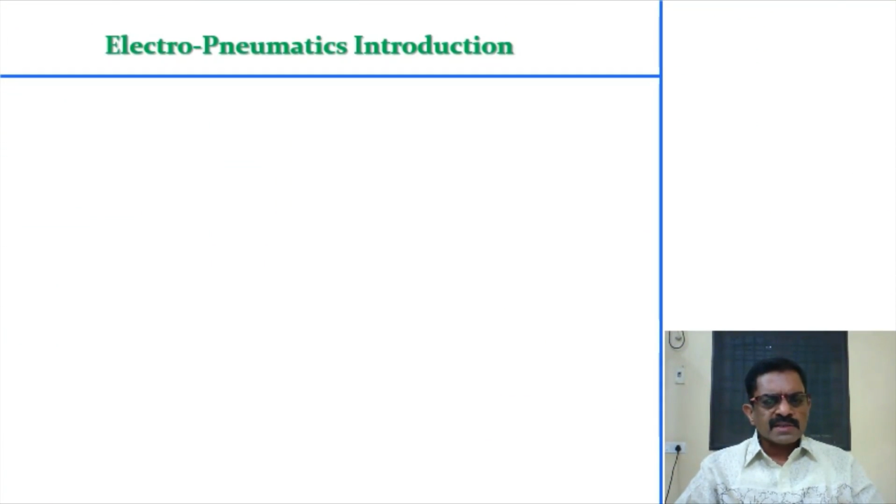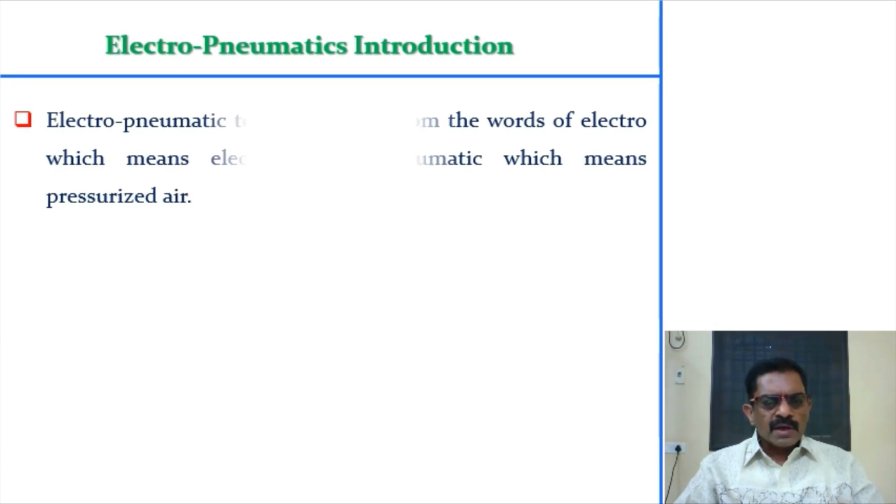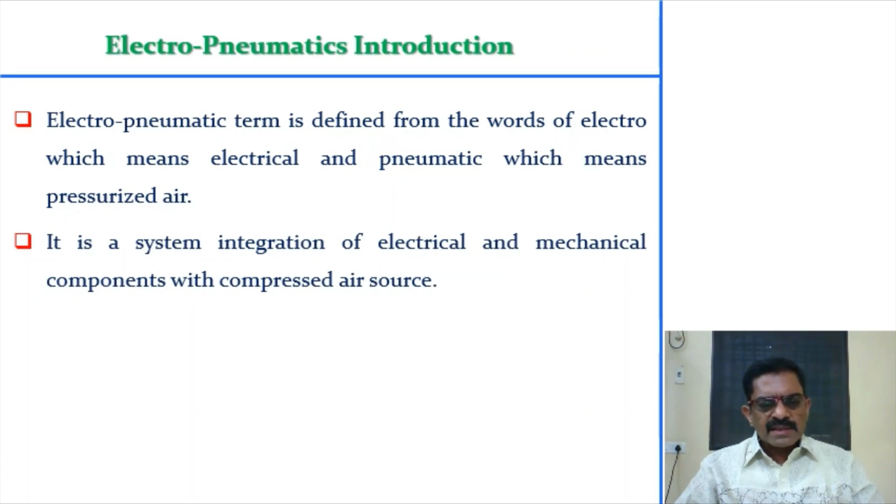And electro-pneumatics introduction, if you see, it finds a variety of applications in industry area, and we shall discuss few. Electro-pneumatic term is defined from the words of electro, which means electrical, and pneumatic, which means pressurized air. So all of you know this, and it is a system integration of electrical and mechanical components with the compressed air as source.